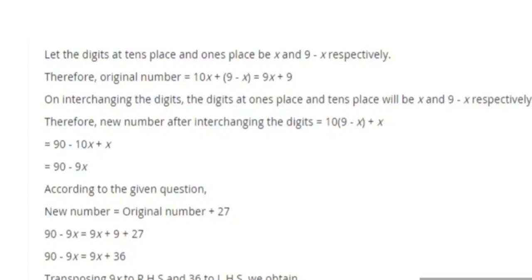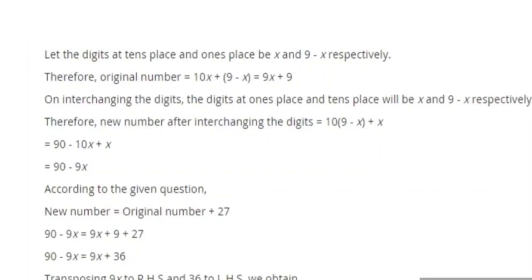Therefore, the new number after interchanging the digits is equal to 10 in bracket 9 minus x and plus x. So it will come what? 90 minus 10x plus x. So 90 minus 9x.